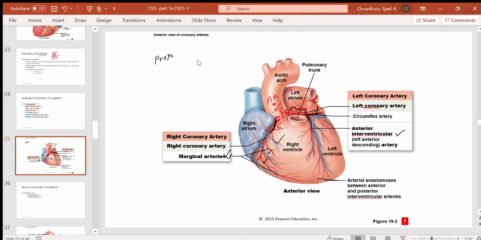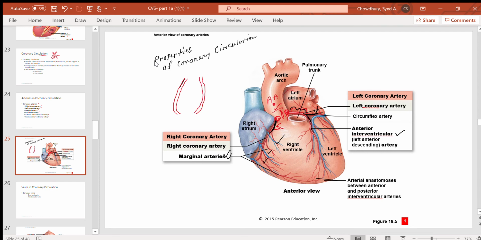Okay. Now, if you see the arteries in the wall of the heart, arteries have two important properties. How the arteries in the wall of the heart are different than the other parts of the body. Those are the properties of coronary circulation. One is, let me draw here. If this is an artery, this is one artery in the wall of the heart, and this is another artery in the wall of your heart.